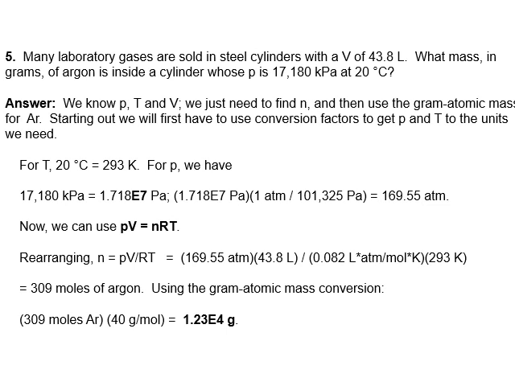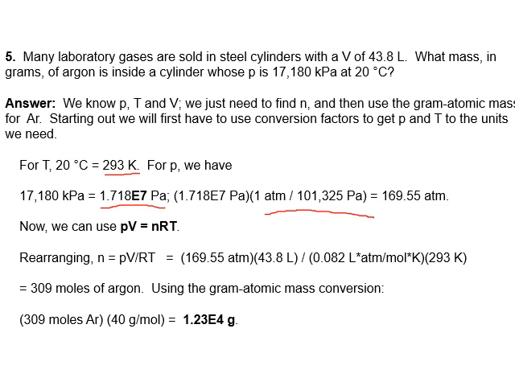So the T is going to be 293 Kelvin. The 17,180 kilopascals will turn out to be 1.718, which I've written in scientific notation, times 10 to the 7th pascals. Then you'll convert that to atmospheres by using this conversion factor right here: 1 atmosphere is 101,325 pascals.